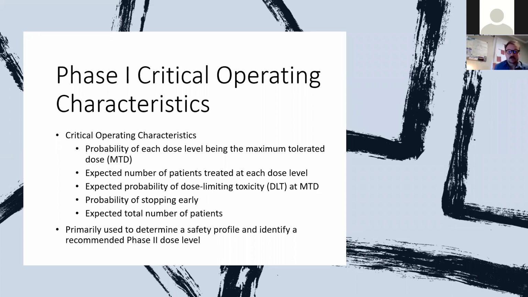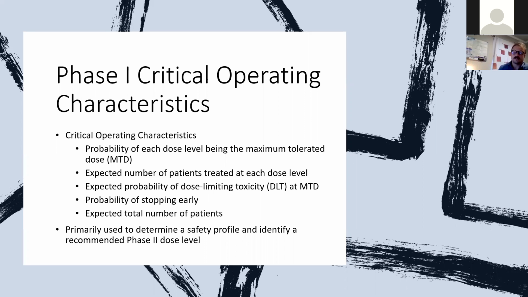When we're designing a phase 1 trial, there's a few different critical operating characteristics that we're interested in taking into account, such as the probability of each dose being the maximum tolerated dose, which I'll get into in a second, the expected number of patients treated at each dose level, the expected probability of dose-limiting toxicities, with the toxicity typically being defined using the CTCAE grade of 3 or 4, if you're familiar with that, with a duration that's too long as to prohibit retreatment, our probability of stopping early during the trial itself, and then the expected total number of patients.